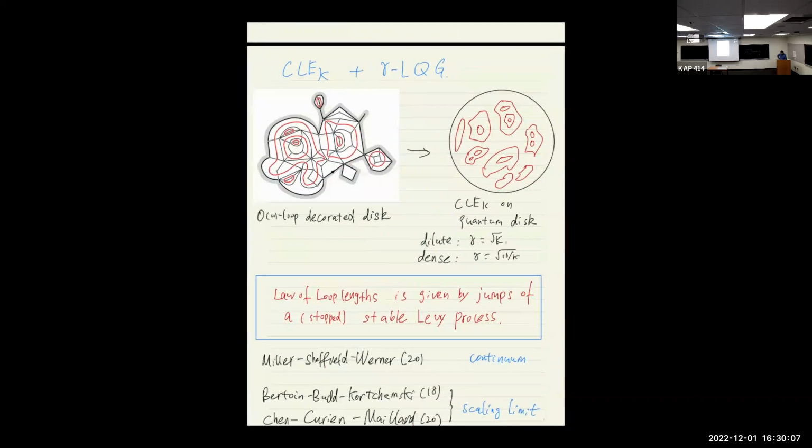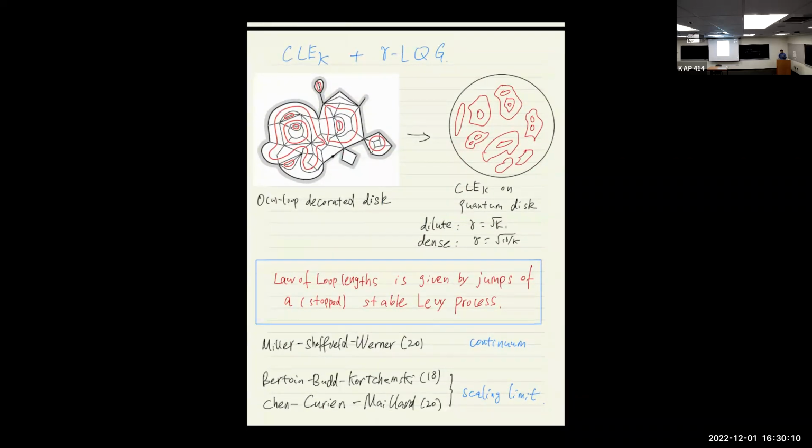And this is one example where people can use this kind of mating trees theory to get some exact laws of certain observables concerning random planar maps and the quantum surfaces.